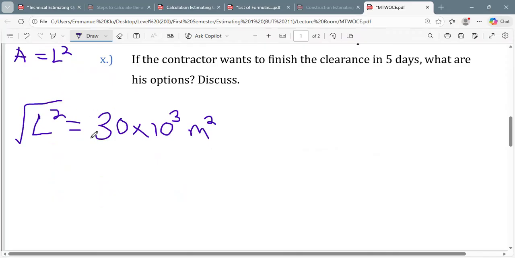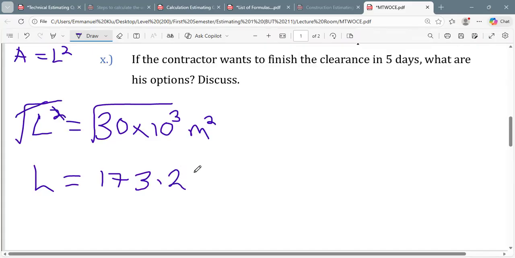If you take the square root of both sides, you are going to get the value of L, and that is what smart students will do. If you do that, you're going to get the value of L to be 173.21 meters.